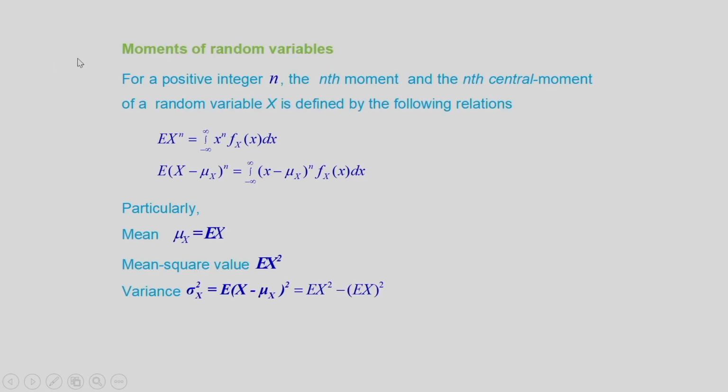We also define the moments of random variables. Moments and central moments we will be defining. For a positive integer n, the nth moment and the nth central moment of a random variable x are defined by the following relations: E of x to the power n is the nth moment, and with the definition of expectation, this will be the integration from minus infinity to infinity of x to the power n into the PDF of x dx.